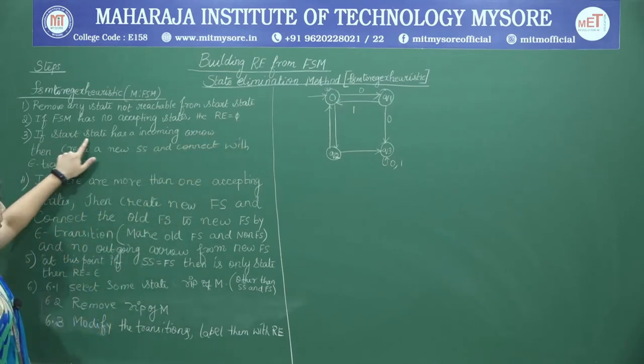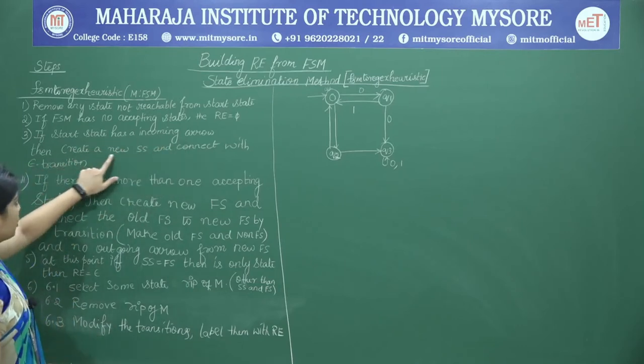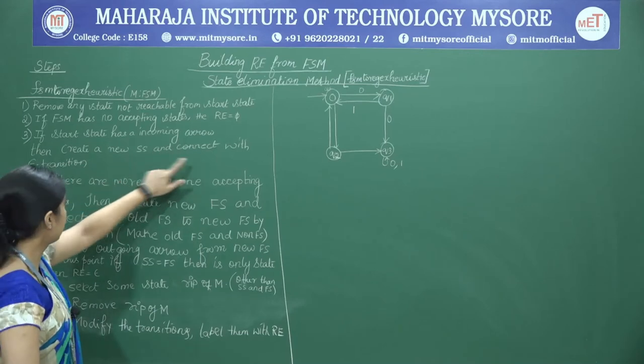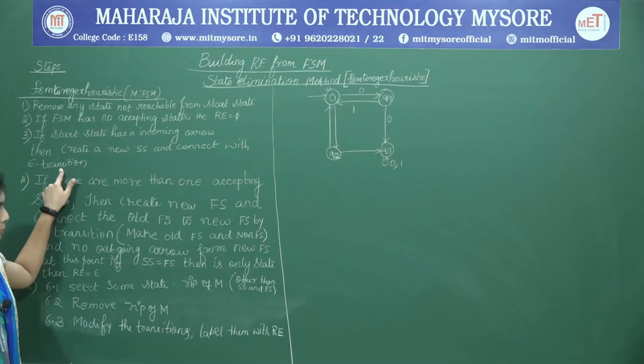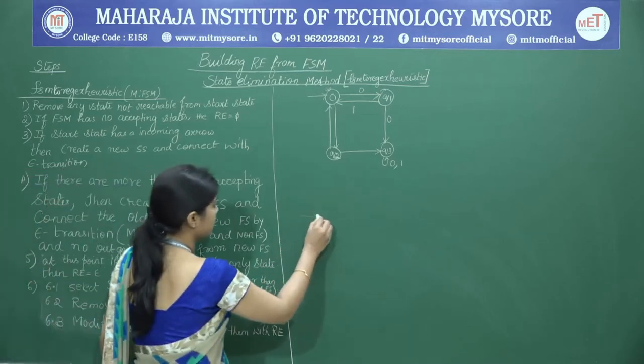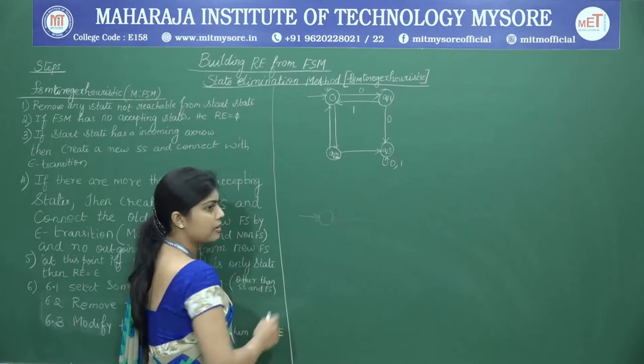Next, if the start state has an incoming arrow, then create a new start state and connect it with an epsilon transition. So suppose we have a state here that is the start state, and we have an incoming arrow to the start state.